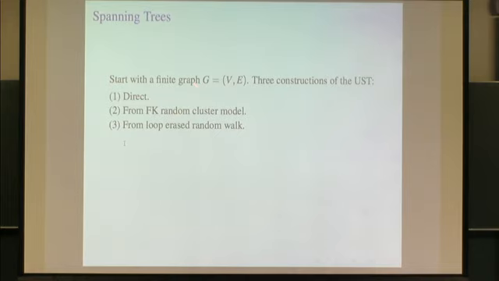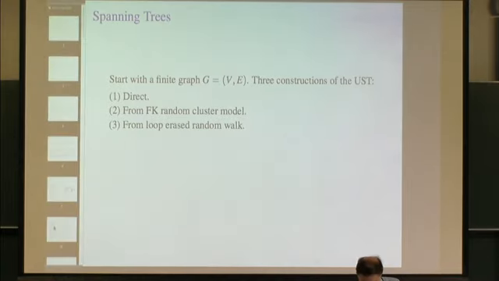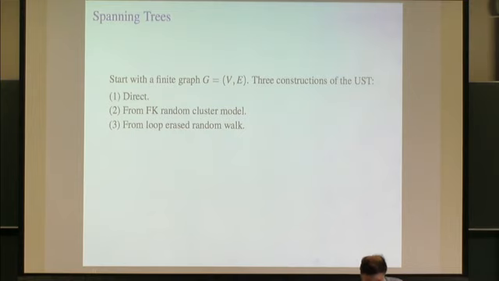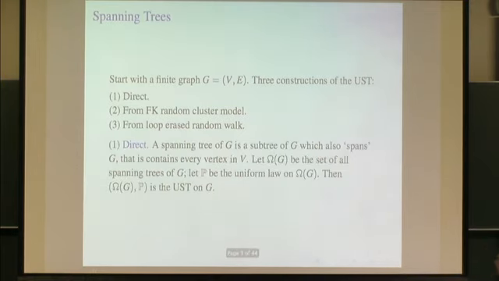We have a finite graph, and there are three constructions of the UST I'm going to say something about. A direct construction, from the FK random cluster model, and from loop-erased random walk. And first of all, direct.